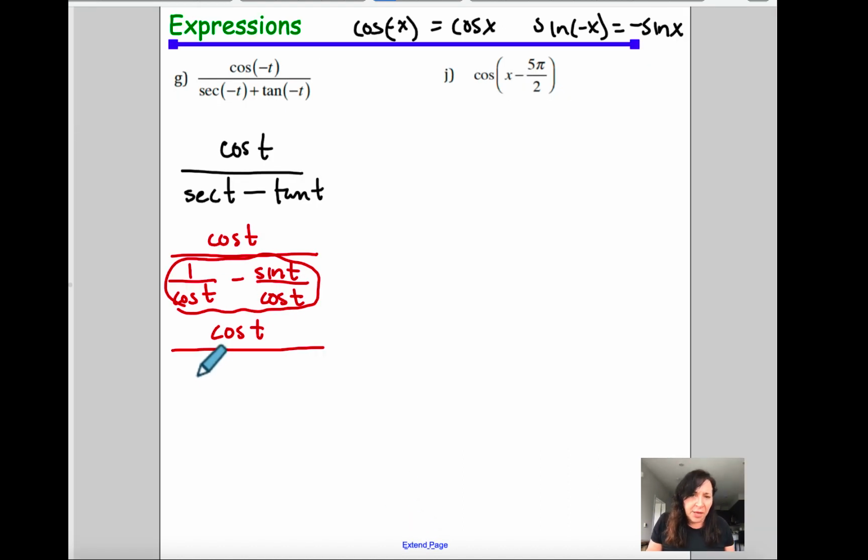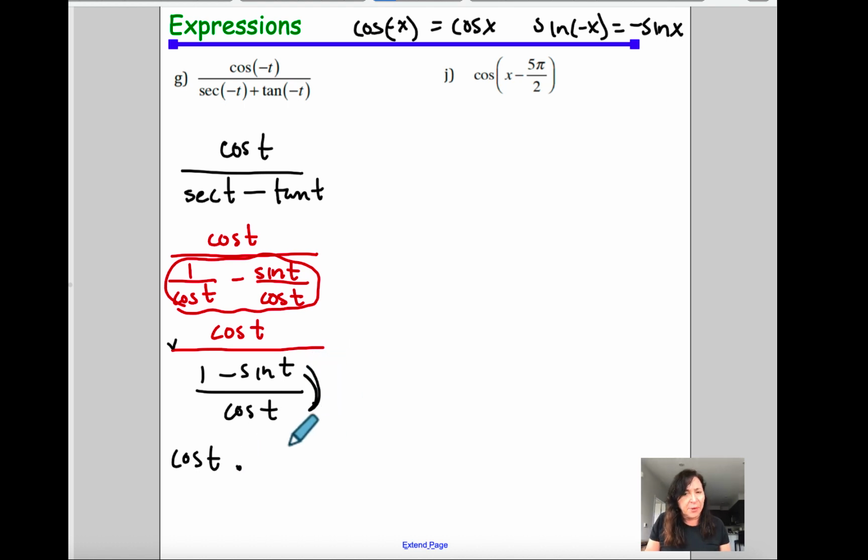And so that's going to be on the denominator, I'll use a different color, maybe that'll help. 1 minus sine of t all over cosine of t, right? And remember, this division sign here means divide or multiplying by the reciprocal, which is saying cosine of t times, now we're going to take this and flip it, times cosine of t over, sorry, 1 minus sine of t.